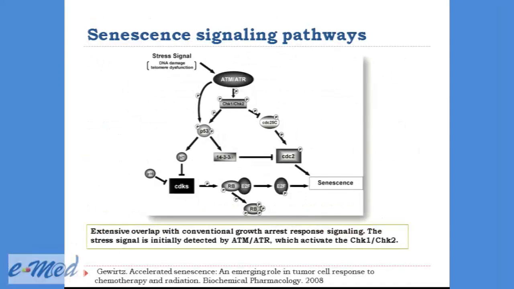The senescence process is intimately connected with DNA damage, and this is a short scheme to show that DNA damage activates the ATR and ATM pathways. We don't have time to go over the details of this molecular process, but they finally culminate in senescence.